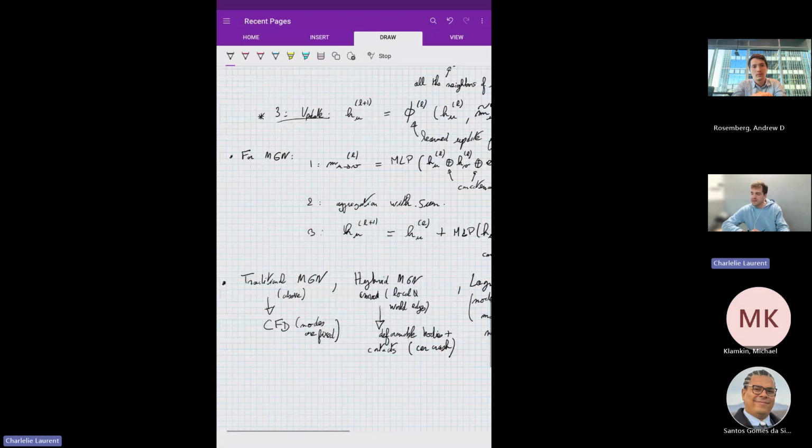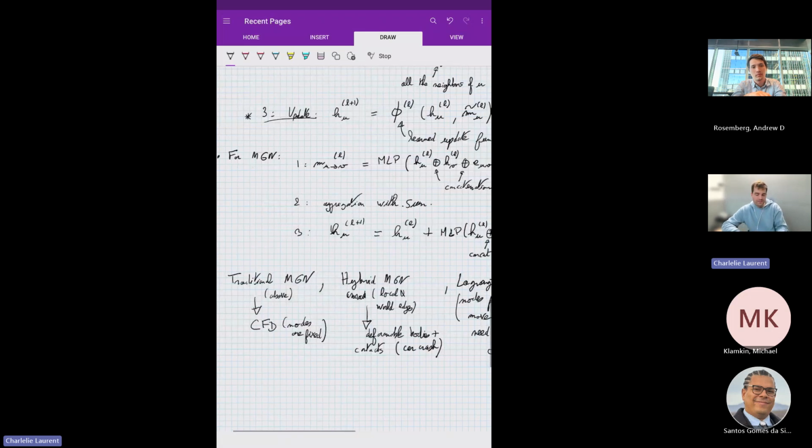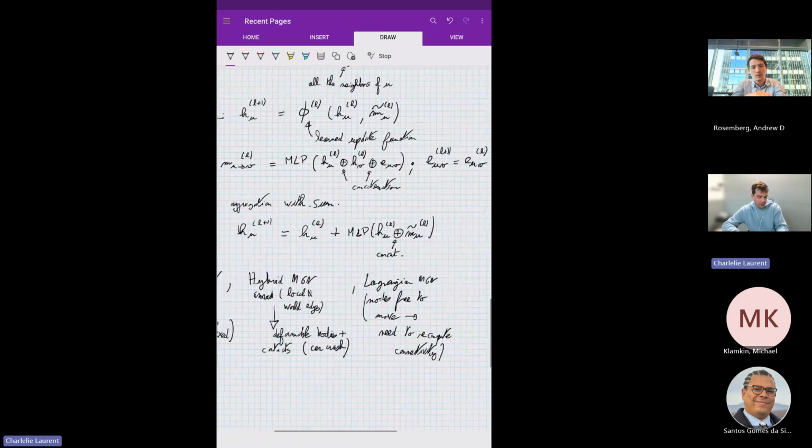If you translate it in the wind tunnel, so you translate the whole flow, it's still the same wind tunnel. And the same thing if you have a wind tunnel oriented to the west or to the east, it's still the same wind tunnel. This has no influence on what's going on inside. So that's why you want to have those invariances. But I think you're right. I think it's even more important for the Lagrangian MGN, because the nodes are free to move anywhere, basically.